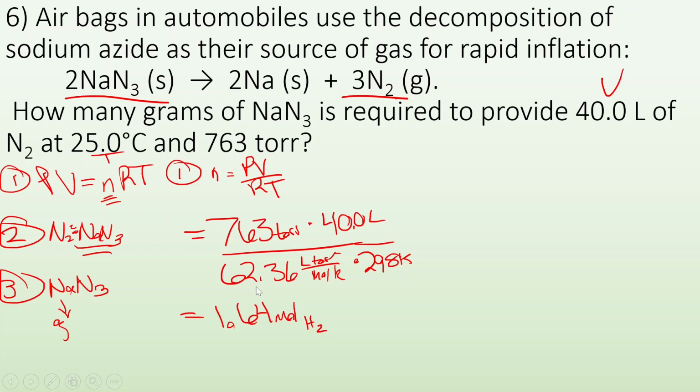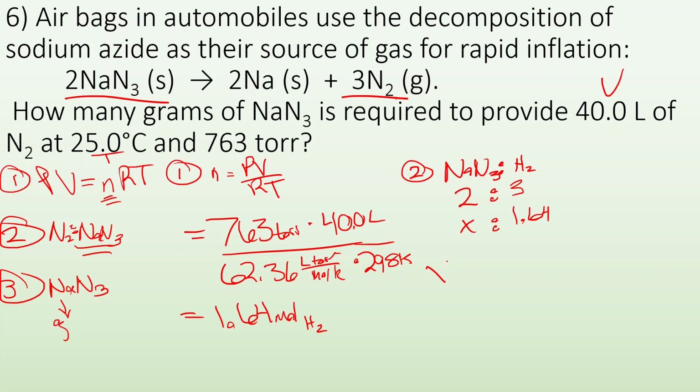All right, so now I have to go, hey, number 2, second step, my mole to mole ratio. So the NaN3 to N2 is a 2 to 3 ratio, and my 2 is the unknown. I'm trying to figure out how many moles of that is, and my 1.64 moles is the N2.